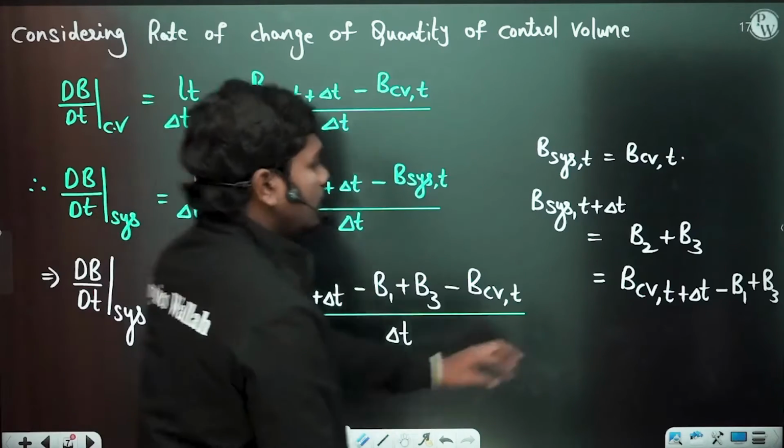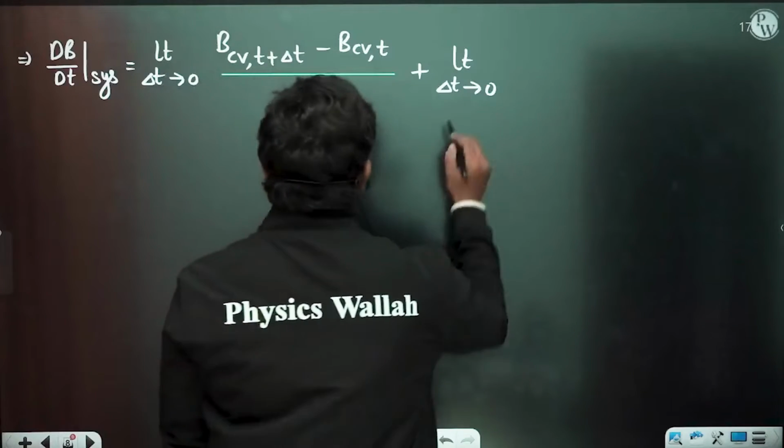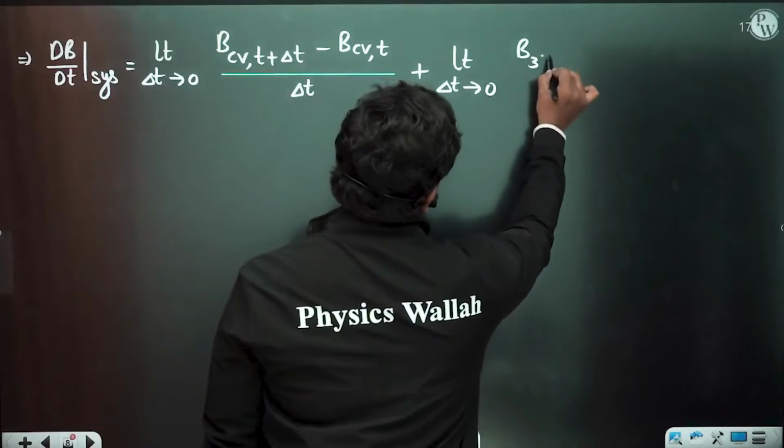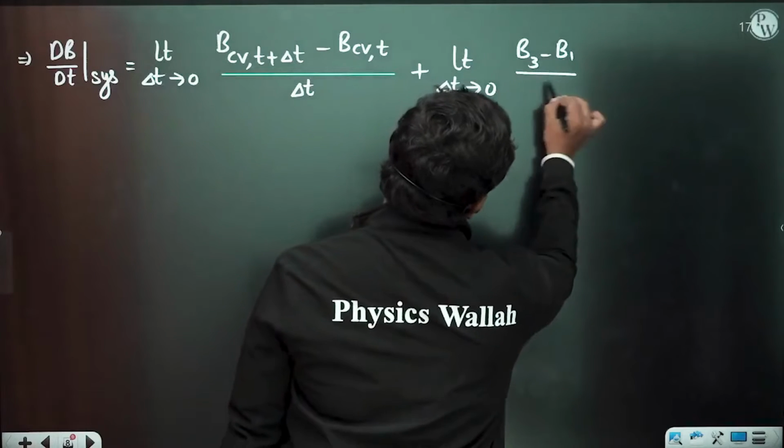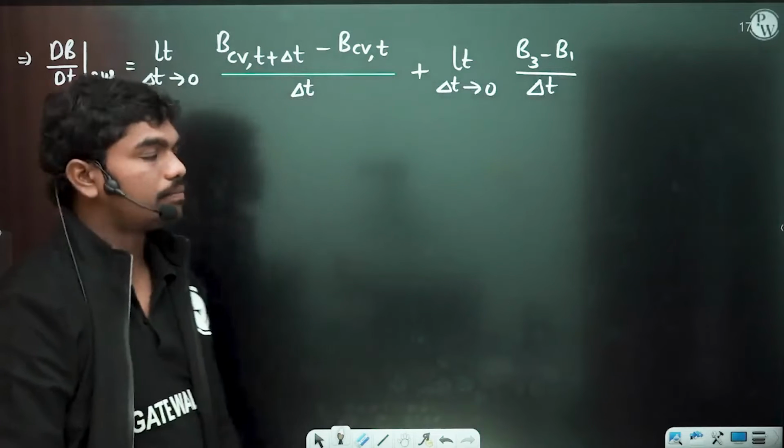Now you have B3 minus B1. So B3 minus B1 by delta t, correct? So you have this expression B3 minus B1 by delta t.